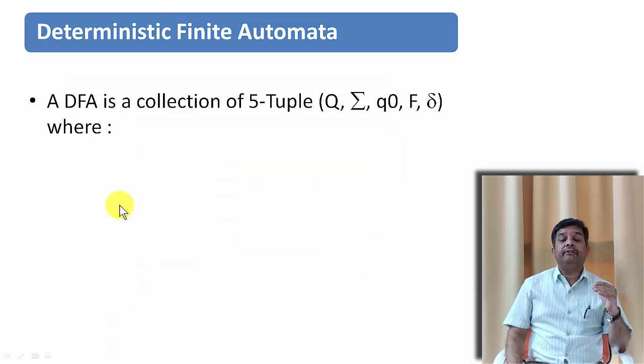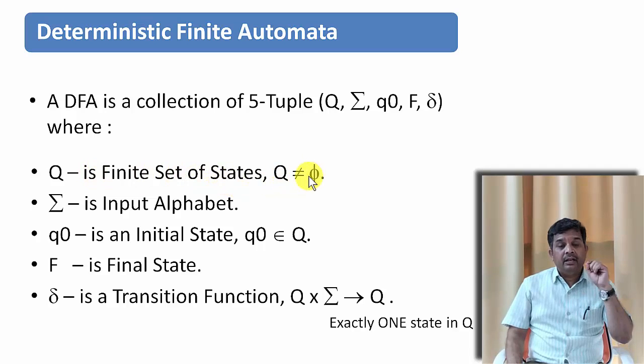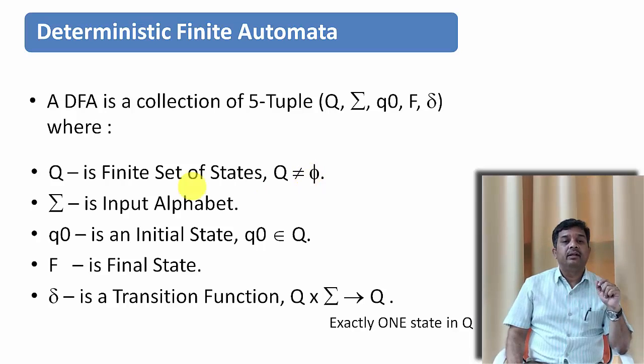So a deterministic finite automata is defined by 5 tuples: Q, sigma, Q0, F and delta. Q is nothing but a finite set of states, and it should not be empty. It means if we are developing a system, at least one state must be there.